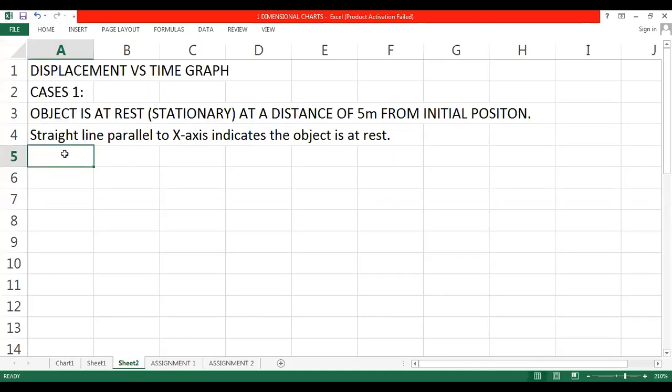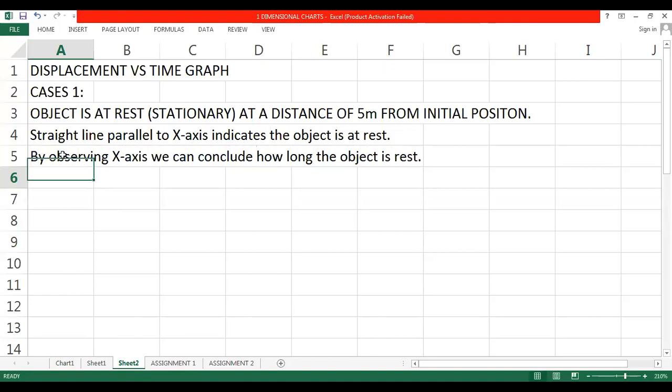Now, you can easily conclude that by observing the x-axis, we can conclude how long the object is at rest.